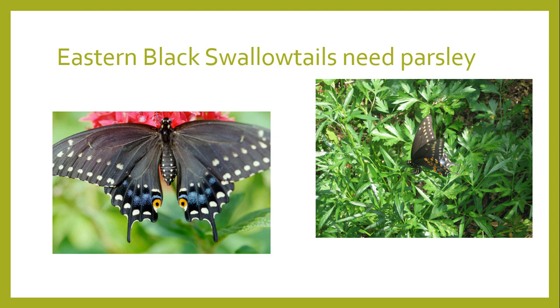Okay, they lay their eggs on parsley, dill, fennel, and as far as wild weeds, they will even use Queen Anne's lace. If you're out in the western United States, like the Pacific Northwest and California, you might see one called the anise swallowtail, which will also use parsley, dill, fennel, and carrot family herbs, including Queen Anne's lace.